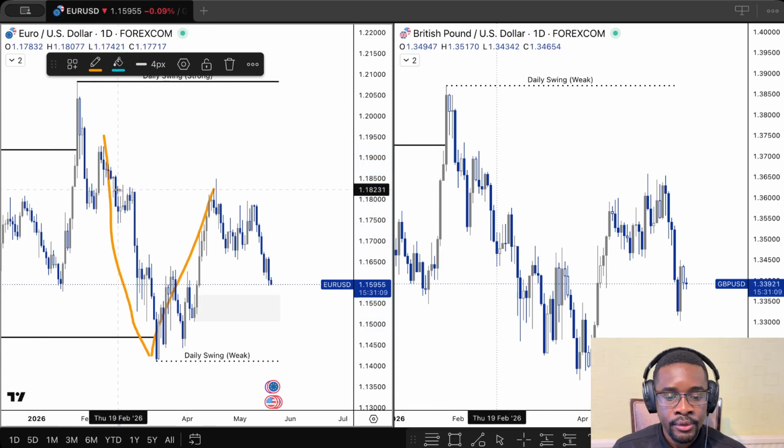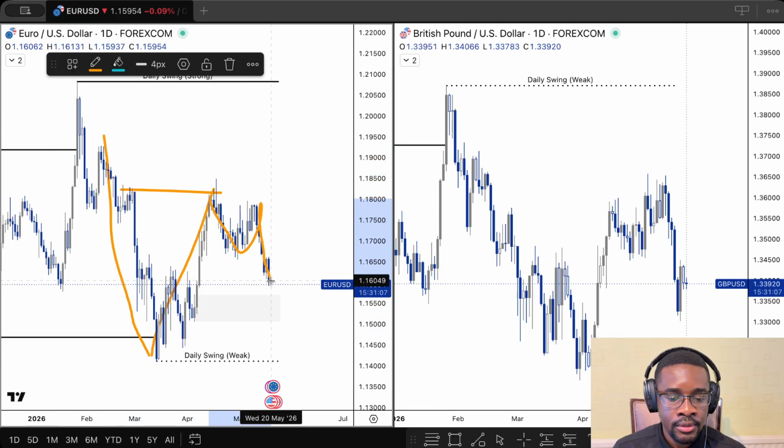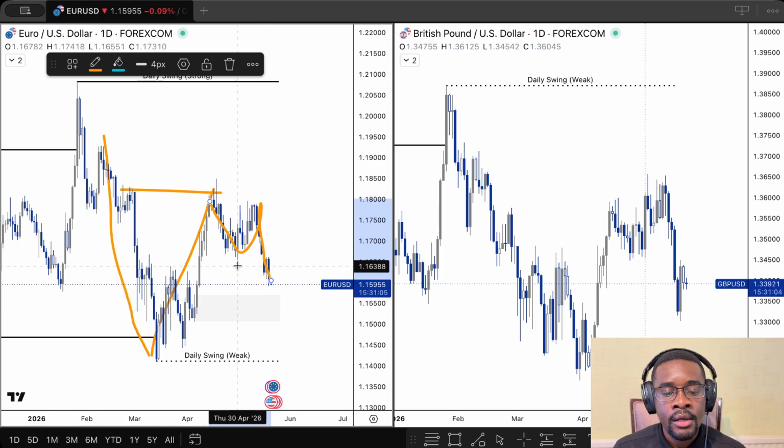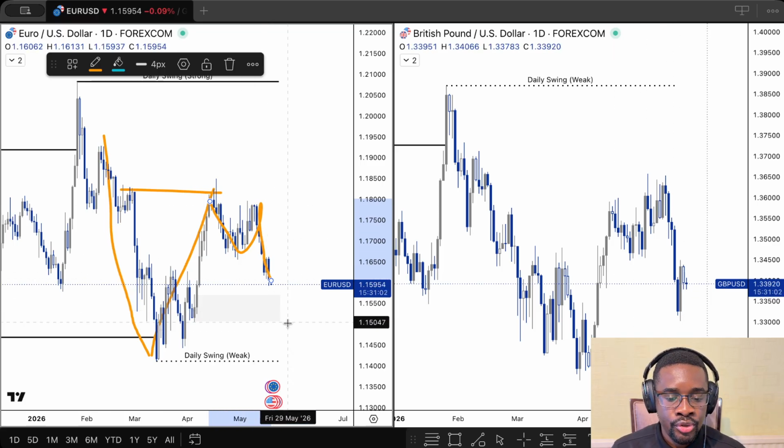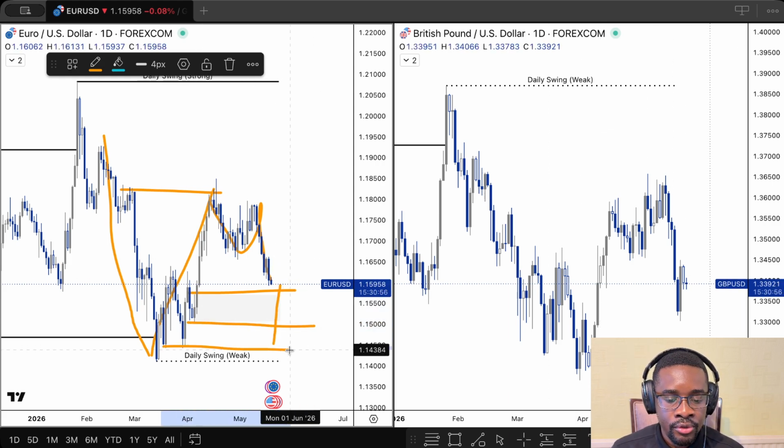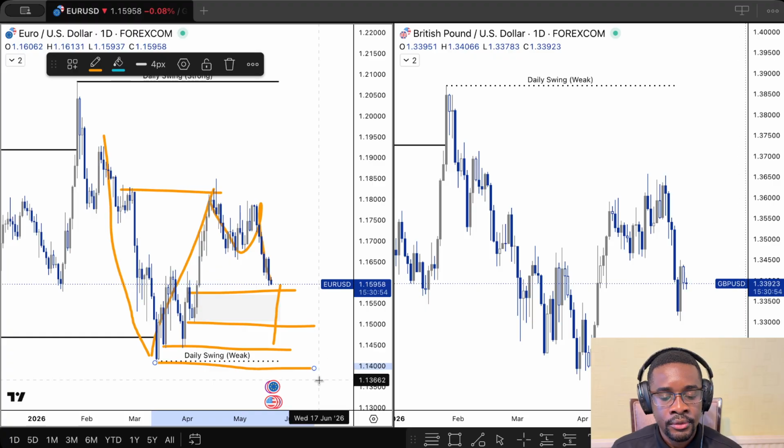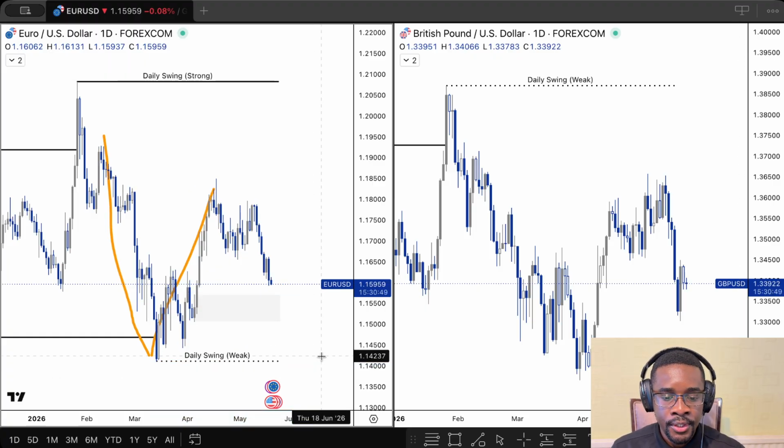Price had a pullback, and now price internally has shifted bearish again, and we're having this strong push to the downside. So possibly to come in and mitigate maybe this area, if not to continue to take out these relative equal lows and ultimately this week's daily low. That's on the Euro USD.